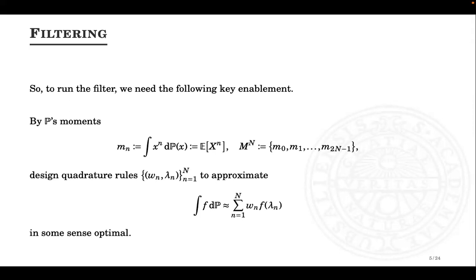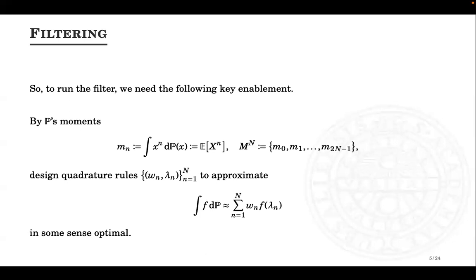So we are asking, can we find some quadrature rule with quadrature weights and quadrature nodes, so that we can approximate this integral by this finite sum? I also ask that this quadrature rule must be in some sense optimal.